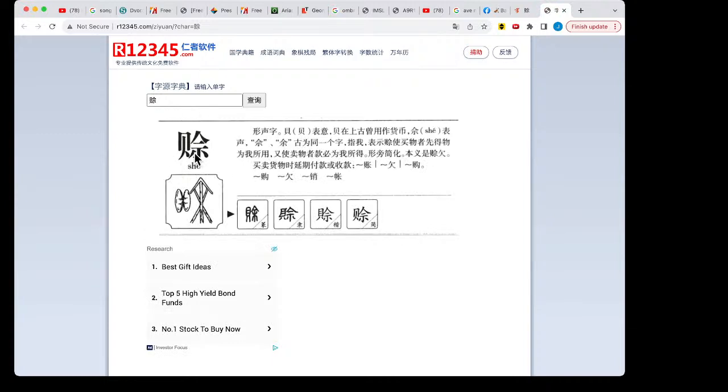Now this one has a 贝 on the left hand side, so definitely this is related to money. On the right hand side is the character called 余. 余 and 我 in ancient times are the same character, and that means referring to myself.